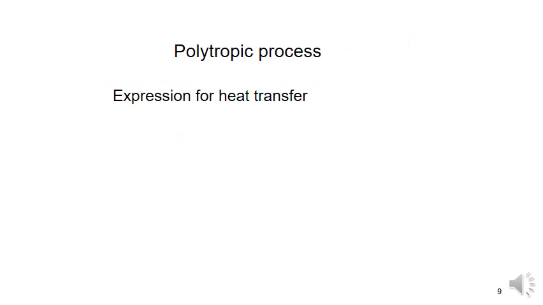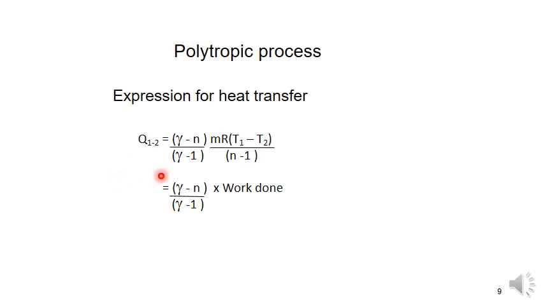In the adiabatic process the heat transfer is zero, but in a polytropic process heat transfer takes place. So further, the expression is Q is equal to (gamma minus n) divided by (gamma minus 1) into mR (T1 minus T2) by n minus 1. This is nothing but the work transfer equation during the expansion process. So we are writing this equation as (gamma minus n) by (gamma minus 1) into work done.